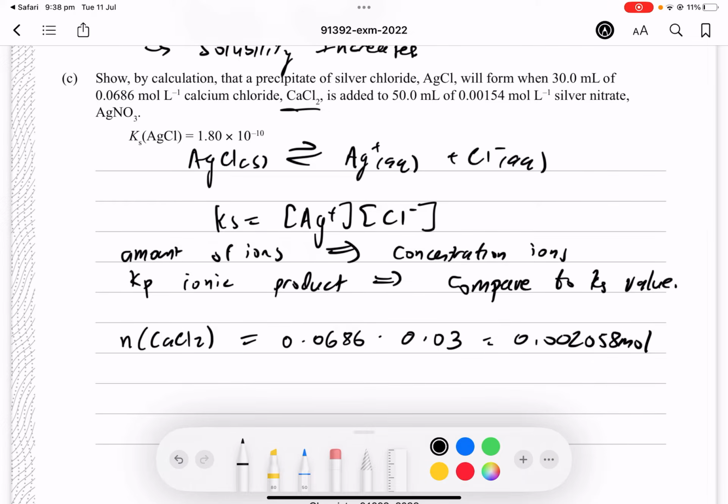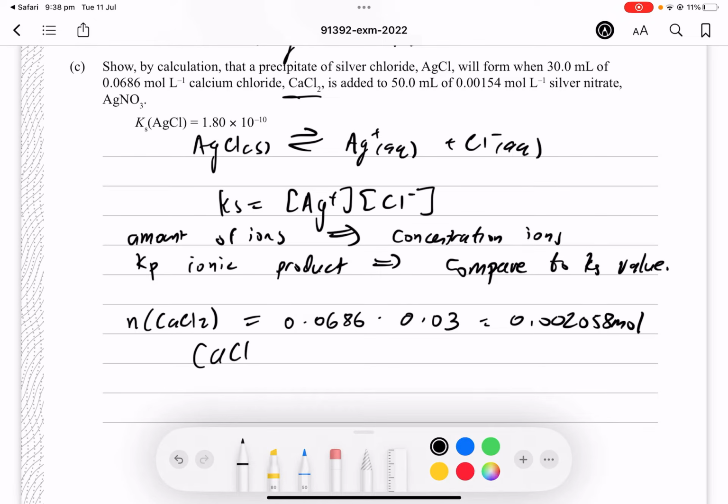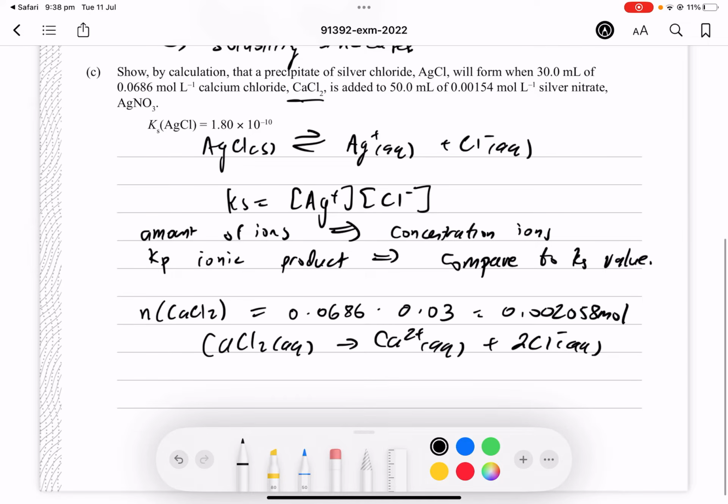So we know that CaCl2 aqueous will give us one lot of Ca2+ ions and two lots of Cl- ions. So the stoichiometric ratio here is 1 to 2. So the actual amount of Cl- ions is equal to 2 times 0.002058, which is 0.04116 moles.